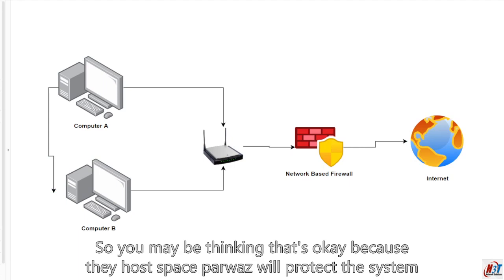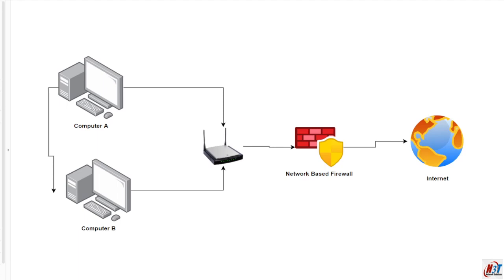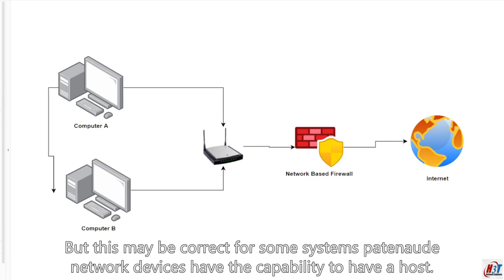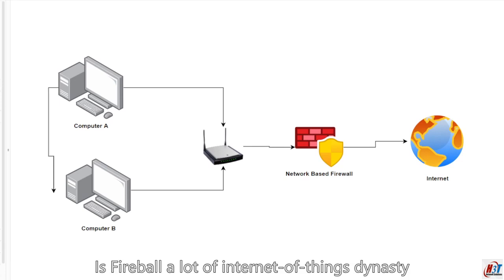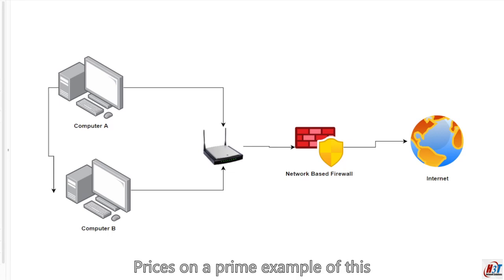You may be thinking that's okay because the host-based firewalls will protect the system. This may be correct for some systems, but not all network devices have the capability to have a host-based firewall. A lot of Internet of Things devices are a prime example of this.